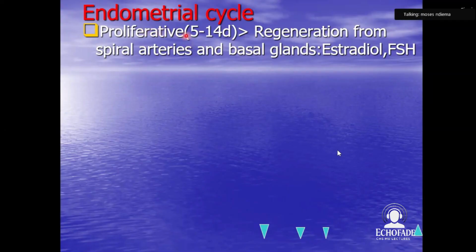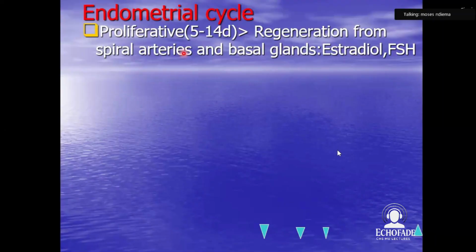Then from day 5 to 14, this is the proliferative stage. We have desquamated, we have removed stratum functionalis. So here we now have regeneration of the spiral arteries, the vasculogenesis.